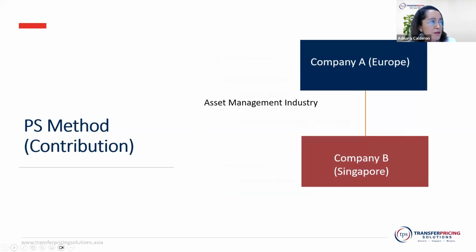We have an asset management company, company A located in Europe and company B located in Singapore, and there have to be some prerequisites fulfilled, which is that either the companies are highly integrated and you cannot value the risk and reward separately, or that both contribute to the know-how and entrepreneurial risk of the business.